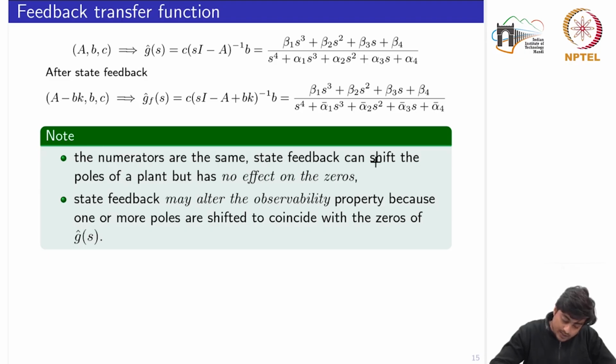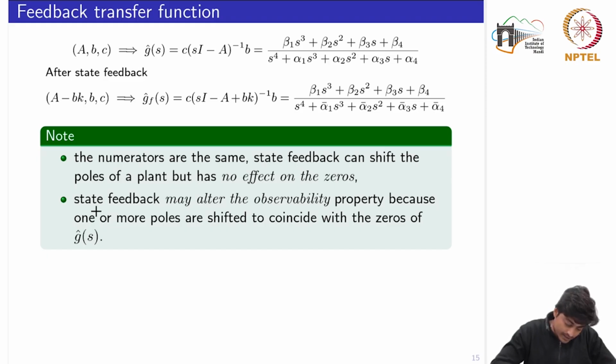So the state feedback can shift the poles of a plant but has no effect on the zeros. So we cannot shift the zeros of the plant, but we have full control over shifting the eigenvalues, the poles of the plant, given that the system is controllable.